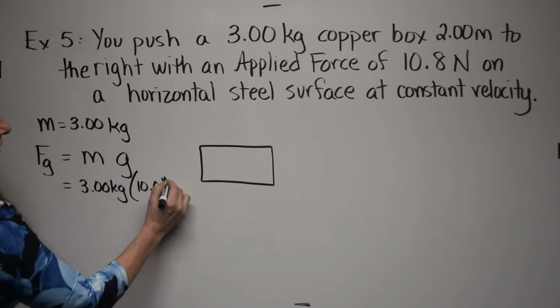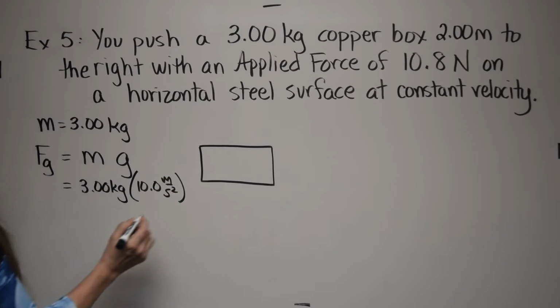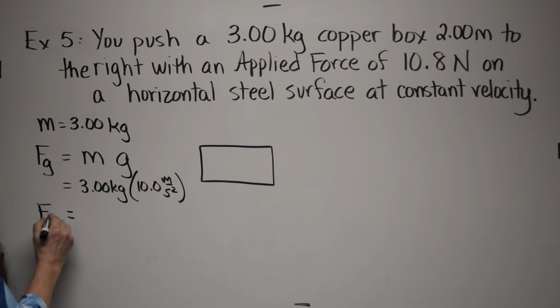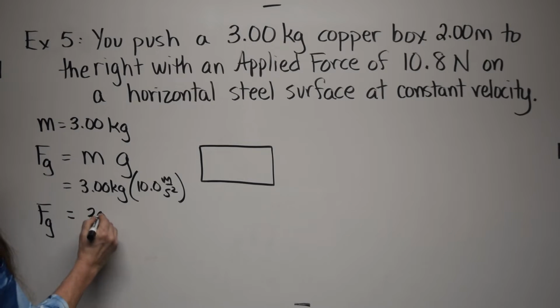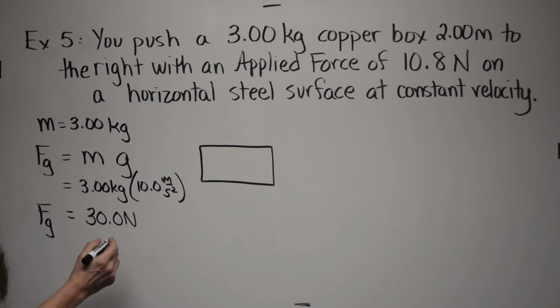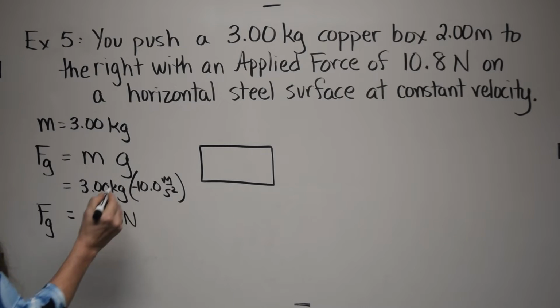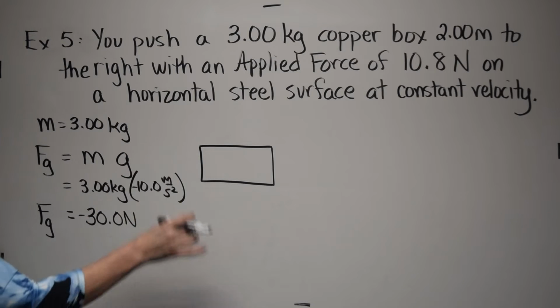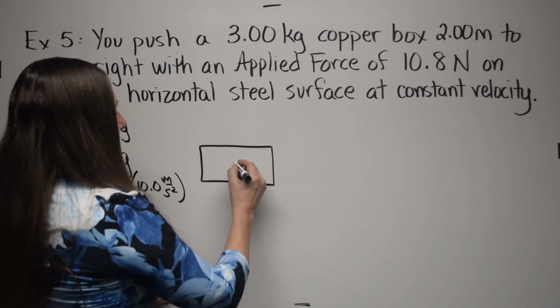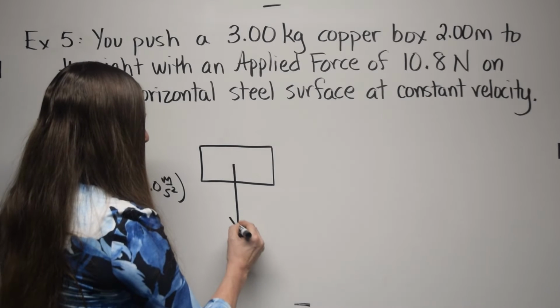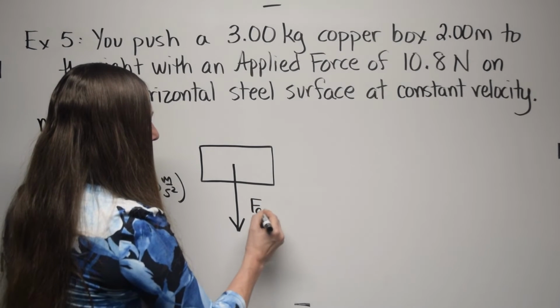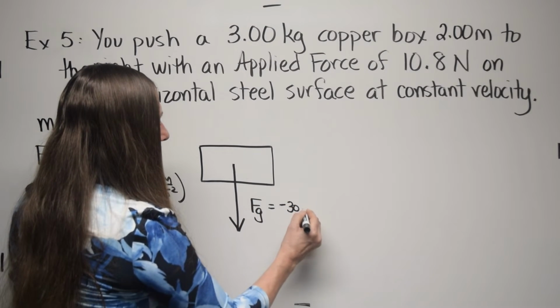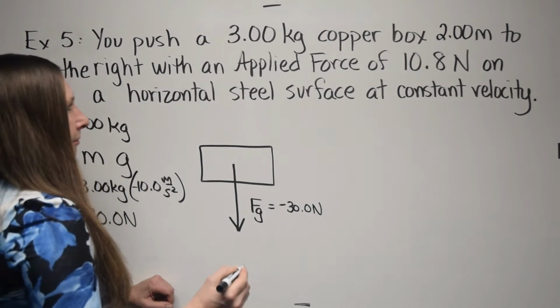G, I'm going to use 10 meters per second squared for the Earth. So the weight of this box is 30 newtons. And we know that if you put negative 10, then you would get negative 30 because the weight goes down. So let's put the weight of the box straight down. Fg equals negative 30 newtons.